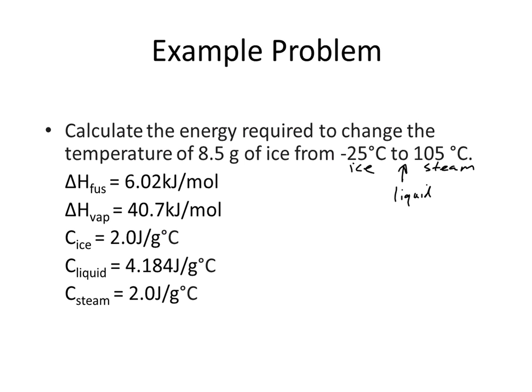In this process, I need to heat up my ice to get it to melt, and then make it a liquid. Then I need to raise the temperature of the liquid to the point where I can boil it, and then boil it to steam. Then I need to increase the steam's temperature by another 5 degrees because the boiling point is 100 degrees Celsius. So let's go ahead and look at our values.